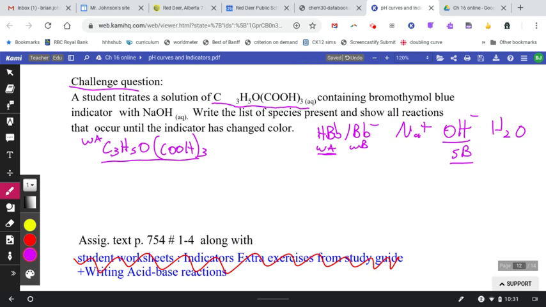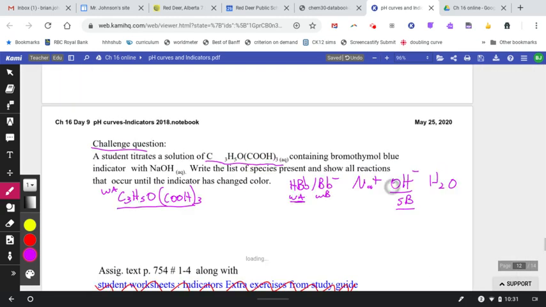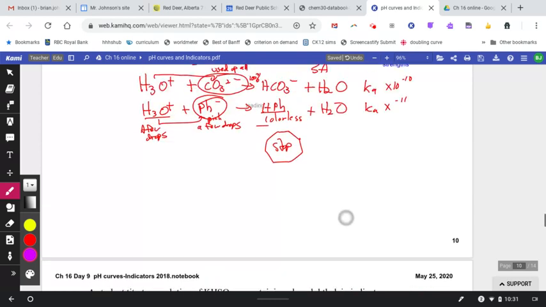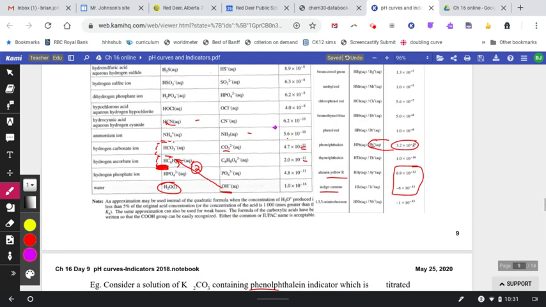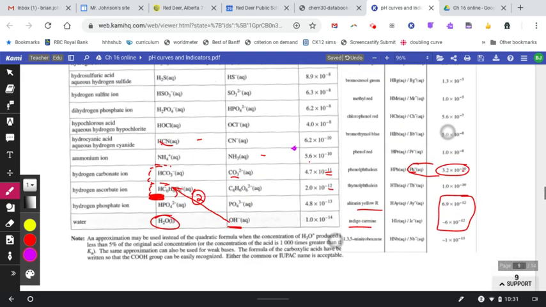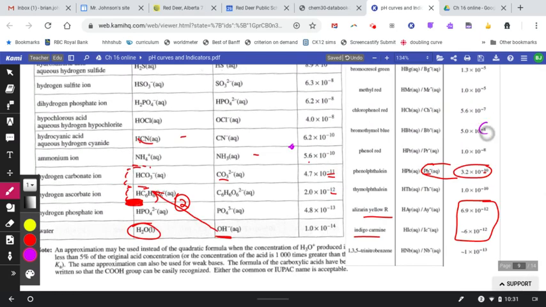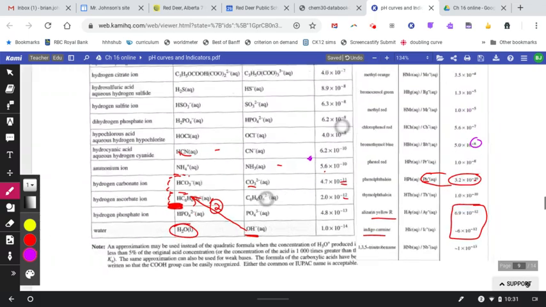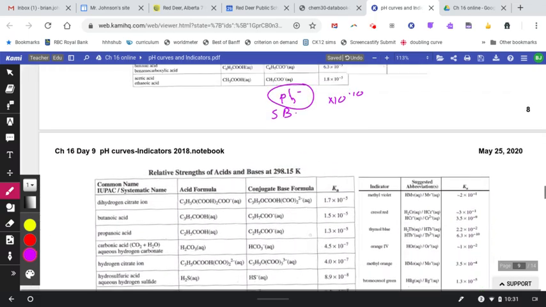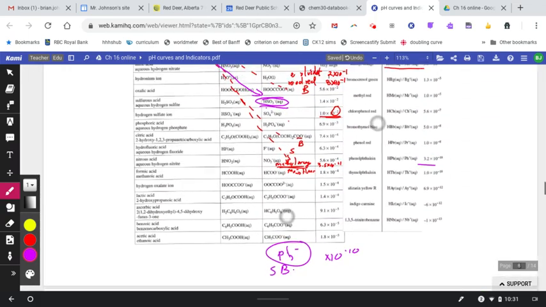So we got to go look it up. Okay, C3H5(COOH)3 and HBB. So back to our messy tables. Okay, so bromothymol blue is 10 to the -4. That means it's up here.